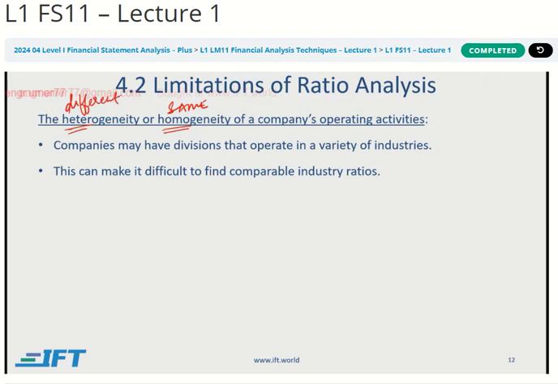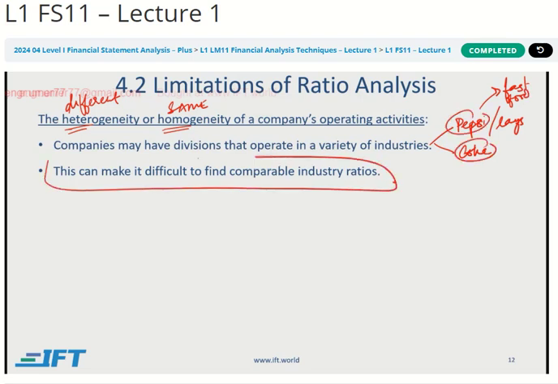Companies may have divisions that operate in a variety of industries. The classic example here is Pepsi with its Lay's division, which Coke might not have. And Pepsi has God knows what else, with investments in so many other fast food businesses, and Coke might have a lot of other things as well. That's why it gets difficult to compare industry ratios.